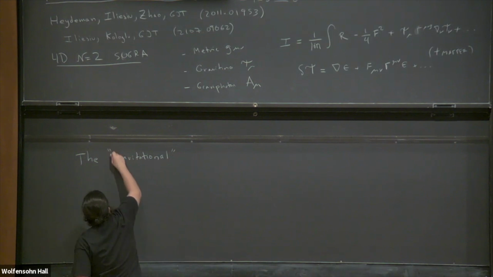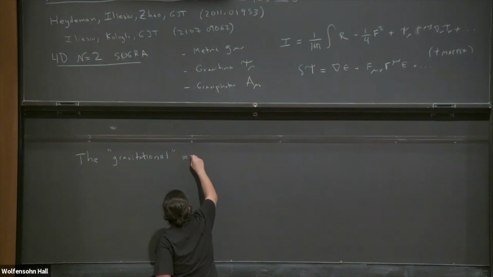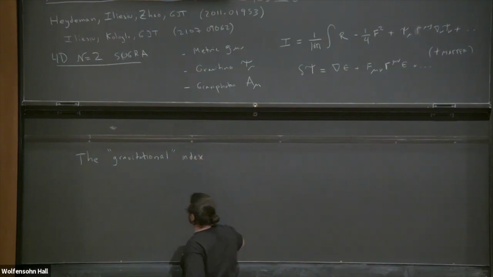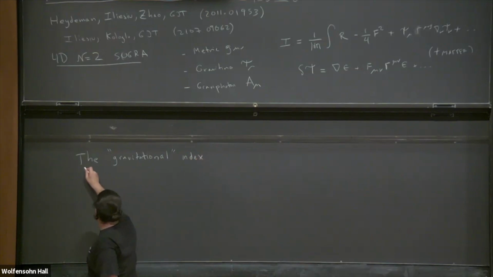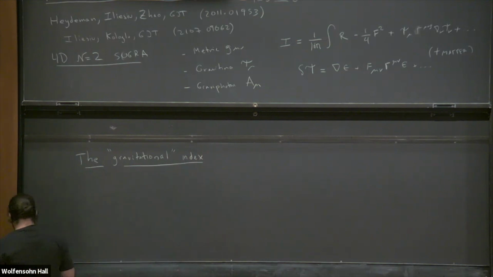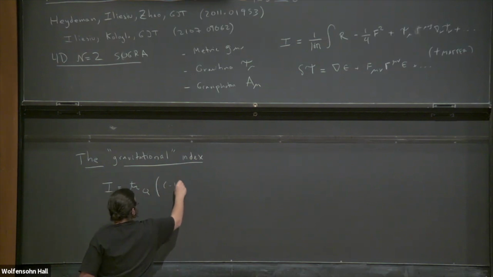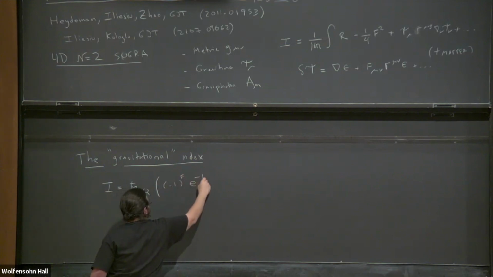The meaning will be more clear in a UV complete model, but we can still do the calculation in gravity and see what it gives. By index, what I mean is the trace over these fixed charge states of -1 to the F e to the minus beta H.